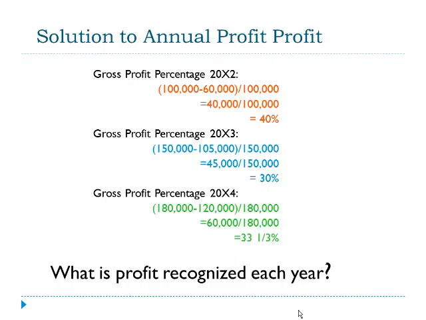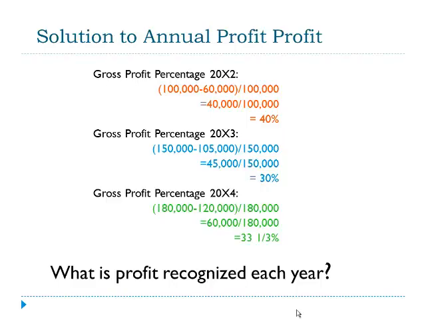The gross profit percentage in 2002 is the gross profit, which is the difference between revenue and cost of goods sold, divided by the sales. So there's a 40% gross margin percentage in 2002. In 2003, we had $150,000 in revenue minus $105,000 in cost of goods sold, and we divide that by revenue.